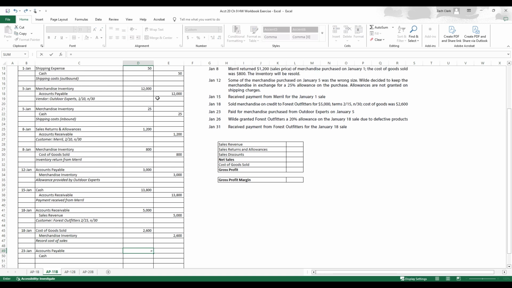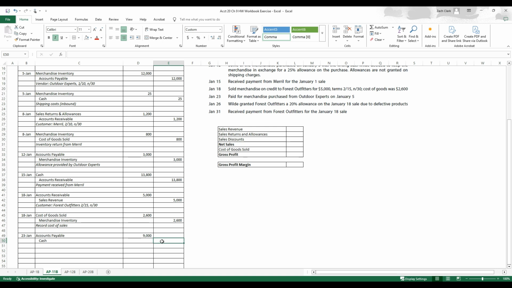Outdoor Experts. And at this point in time, we owed Outdoor Experts originally $12,000, but then we not returned, but they gave us an allowance because there were problems with it. So we're going to take our $12,000 minus the $3,000 allowance they provided us, and that brings us down to a payment of $9,000 owed, which I think we mentioned when we were doing that previous entry.